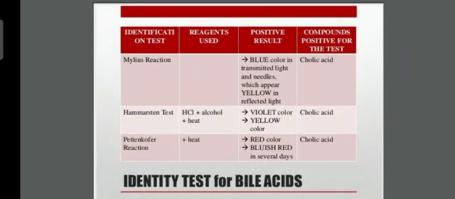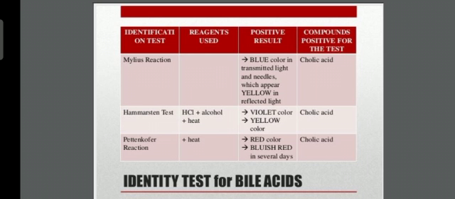Next one is the identity tests for bile acid. The identification test name is Mylius's reaction. In this reaction, if we get blue color in transmitted light and needles which appear yellow in reflected light, we can say that the compound is cholic acid. The next identification test is the Hammarsten test.